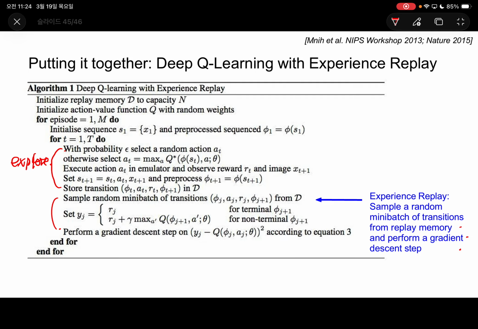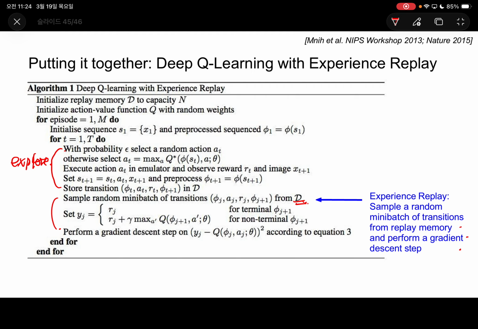Then, for each iteration, we sample a random mini-batch of transitions from D, right? D might be full of stored transitions while playing video games. We randomly sample a mini-batch of transitions from memory D, and then update the network with it. There can be a couple of ways to update the network. If we introduce a learning rate, then there can be a soft buffer to preserve the current Q value function. If there is no learning rate, then we can just overwrite what we've learned so far.